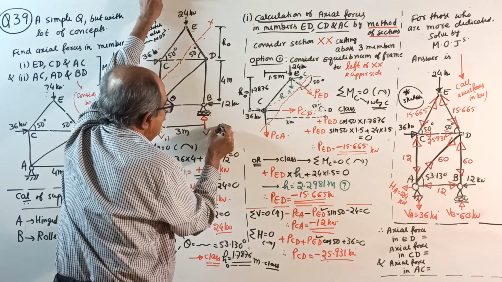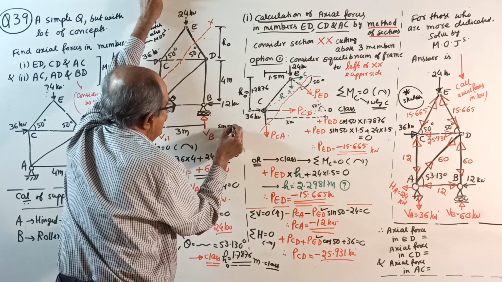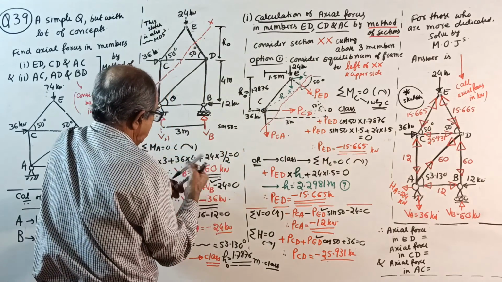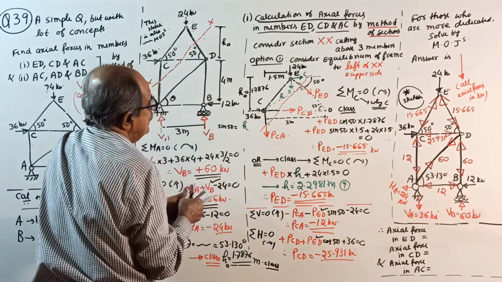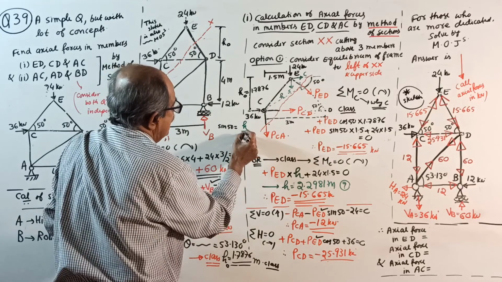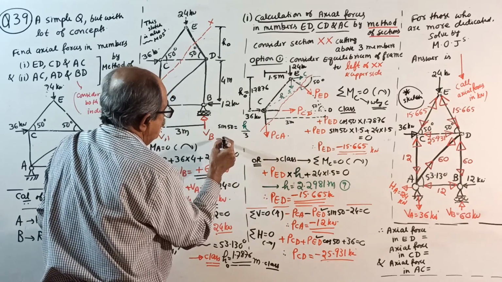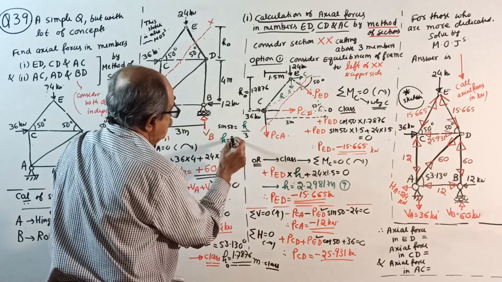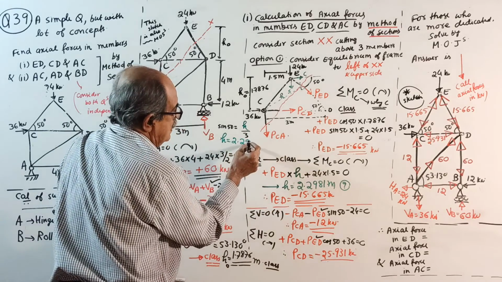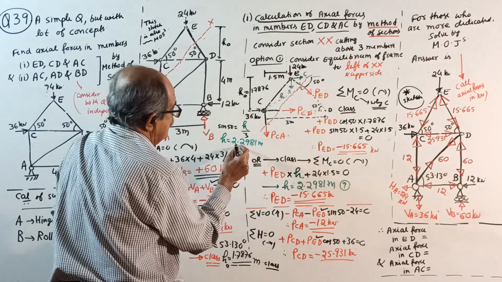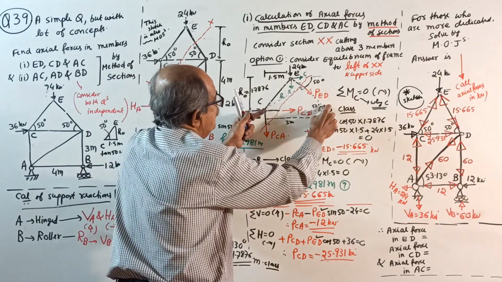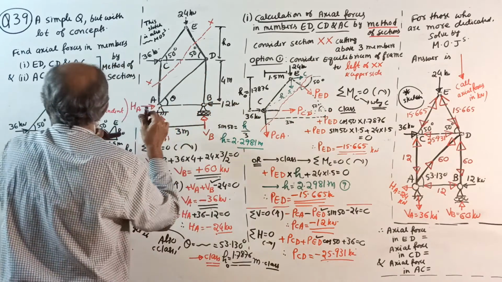Sine 50 equal to, see, H, whatever is that perpendicular H, divided by 3. That will give your H, the perpendicular, equal to 2.2981 meter. See, perpendicular here, continue this triangle. See here, which triangle? See here.